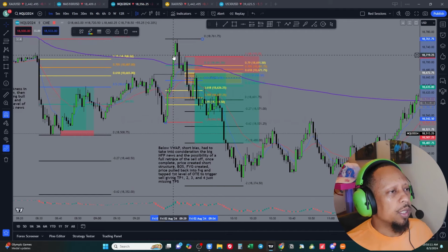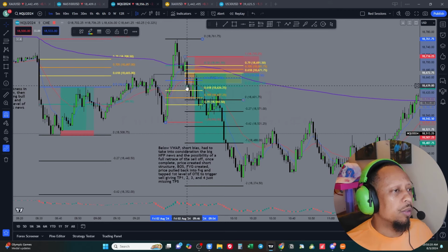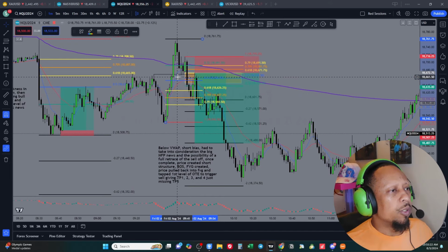So just like the rest, we have structure being created. We have a break of that structure with a very nice bearish candle. We dragged our fib from the high to this low.